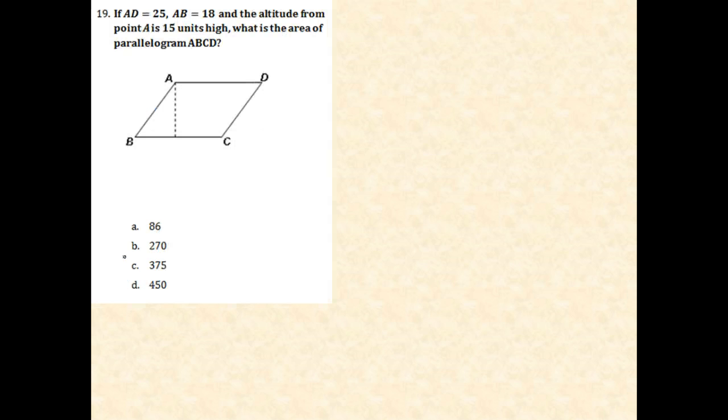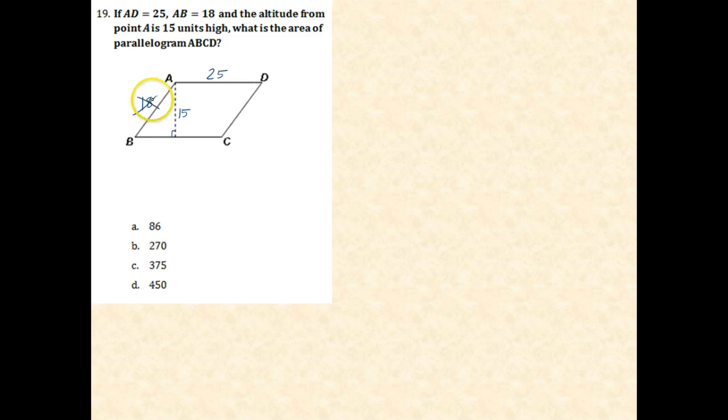If AD is 25 and AB is 18, and the point A is 15 units high, what is the area of the parallelogram? Well, in this case, you need to know that it's the base times the height, the vertical height. So the 18 here has no bearing on the area.